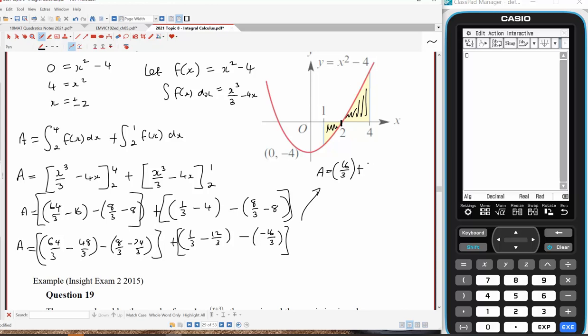So that's plus 16 on 3. So that's subtract negative that. Yep, so that looks good. Plus, this is going to be 11 on 3 plus 16 on 3.